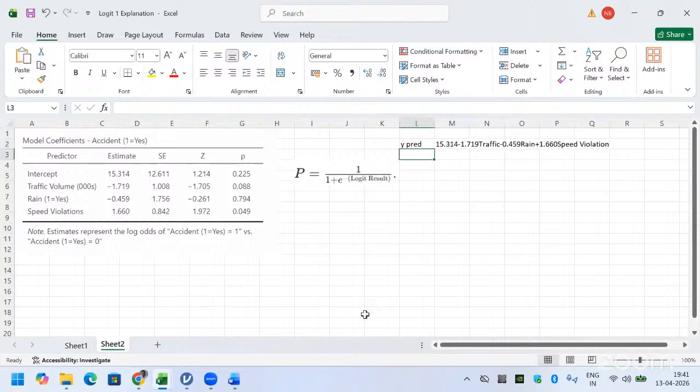Now what I have to do is, I know my constant value is 15.314. I'm writing this constant as 15.314 here.